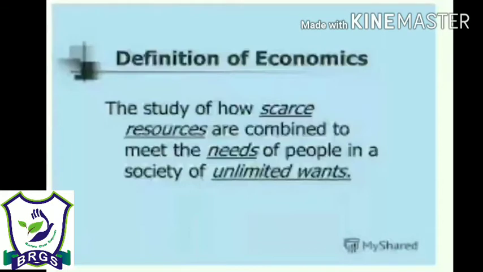So we can say economics is the study of how scarce resources are combined to meet the needs of people in a society of unlimited wants. To satisfy unlimited wants, we have to use our scarce resources judiciously. We have to make their utilization at optimum. Okay, we should not waste our scarce resources.